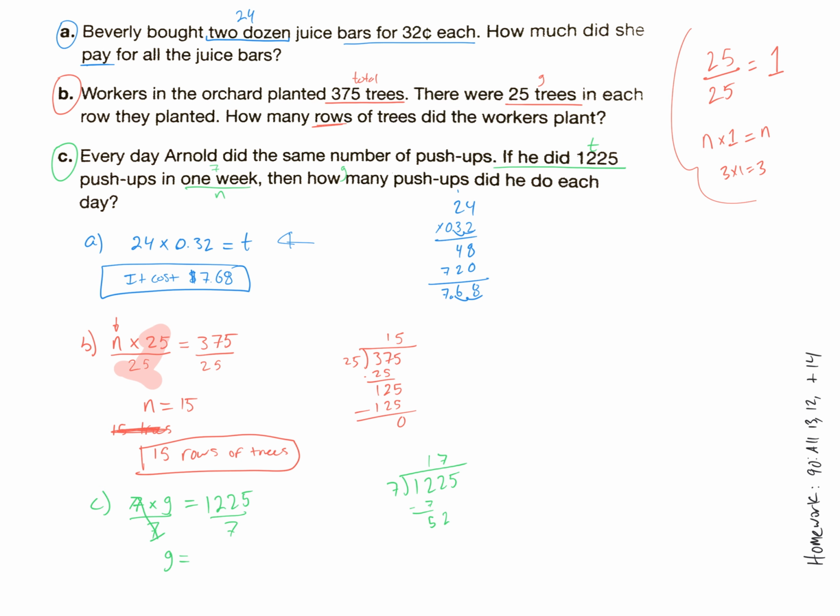It goes in 7 times. 49, 3. Bring down the 5. 5 times 7 is 35, 0. So that group is 175. So I'd say 175 push-ups each day.